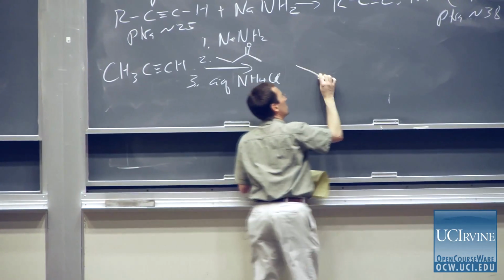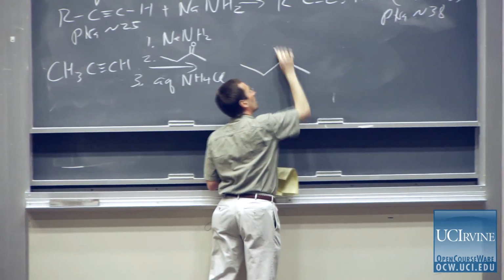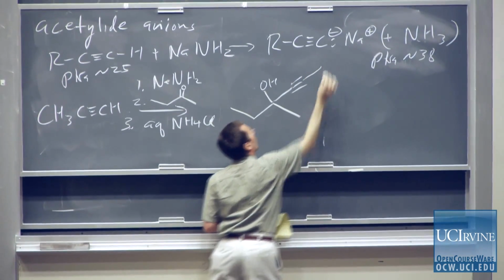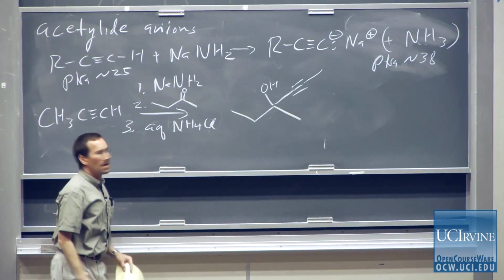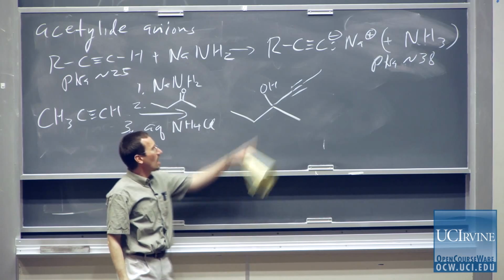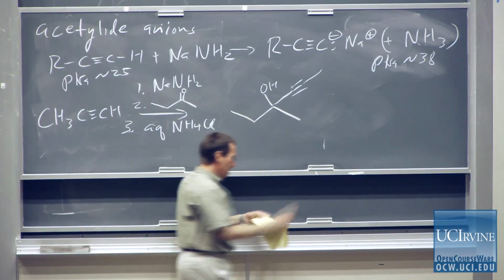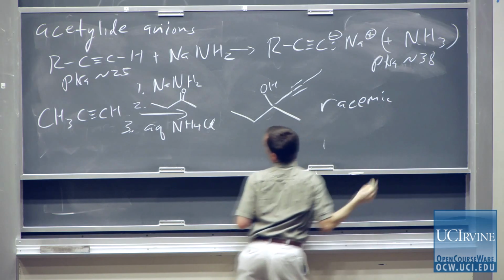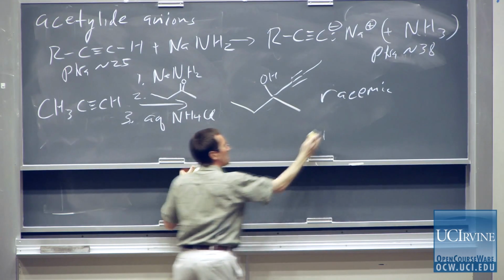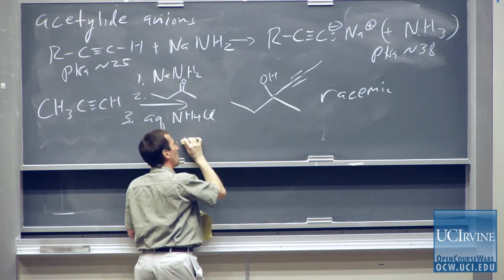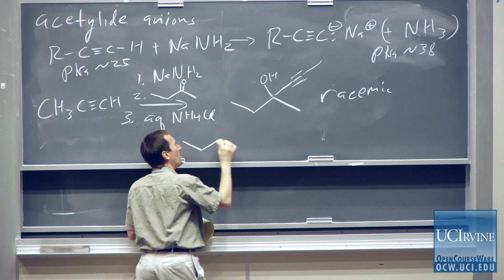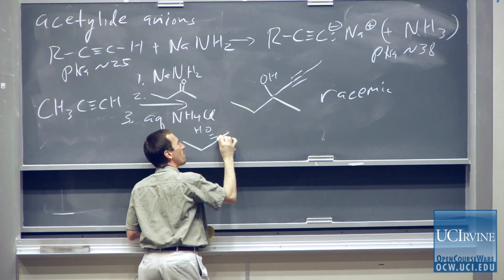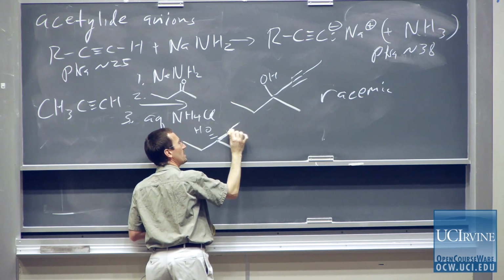And the product of this reaction is this. It is the alkyne with the alcohol. This is, of course, racemic. In other words, your textbook points out very nicely that you're going to add your nucleophile from both the front face and the back face of the carbonyl.